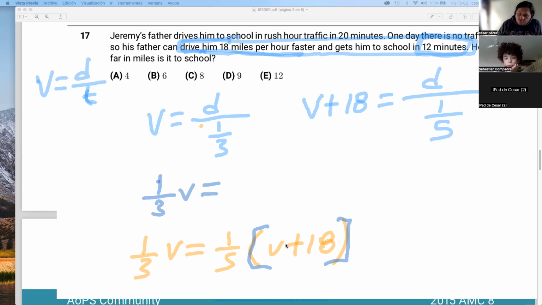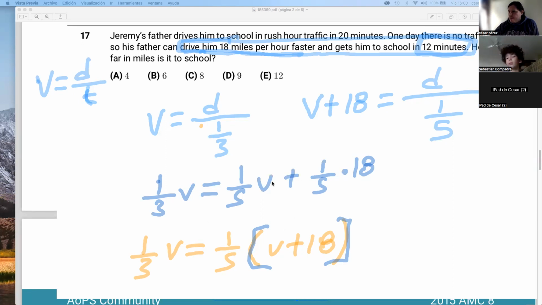We will get 1/5 of V plus 1/5 times 18. Multipliqué 1/5 por cada uno de los términos que están aquí adentro. I multiplied 1/5 by each of these numbers, by V and by 18. Okay? Do you understand this?